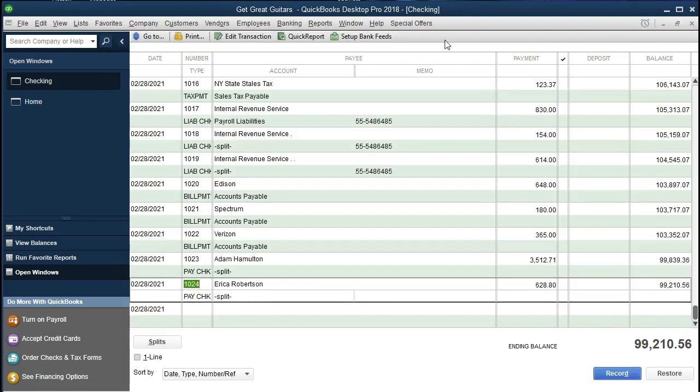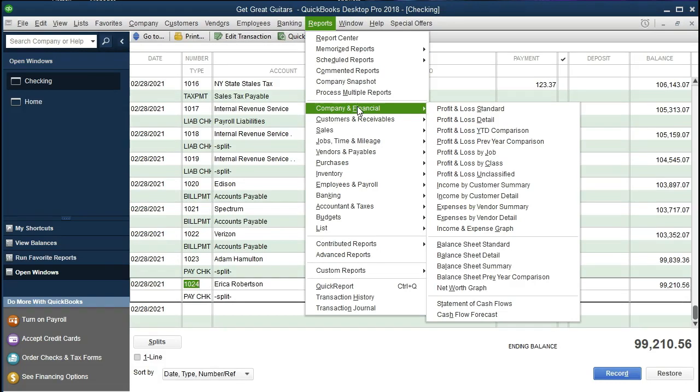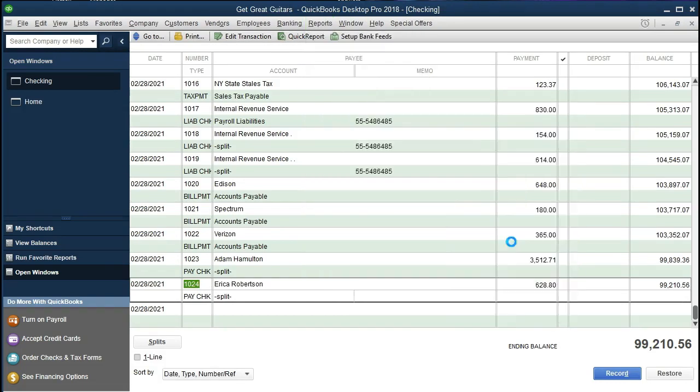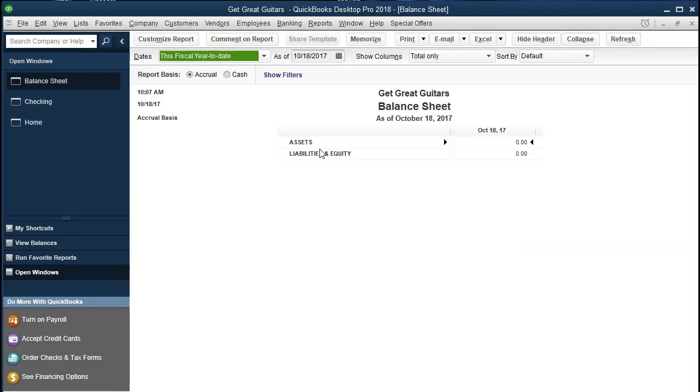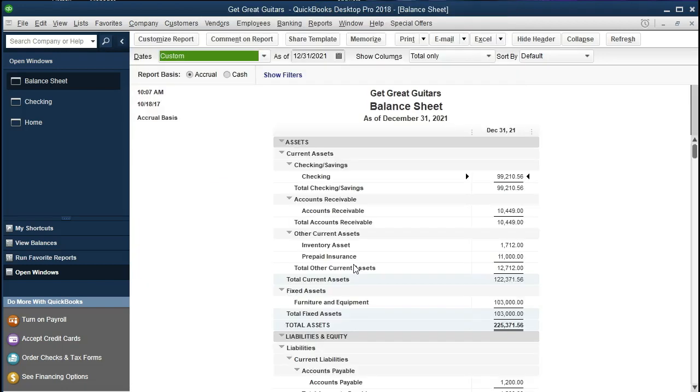We can then take a look at our reports, go into the reports, go into company and financial, scrolling down to the balance sheet. Changing the dates up top, customize report. Date's going to be 01/01/21 to 12/31/21, and we're going to say OK. So here we have our information.